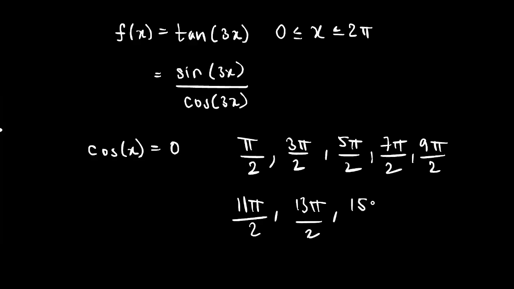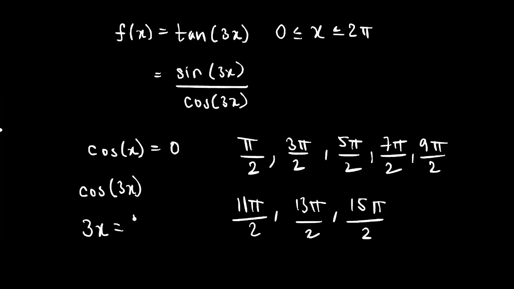But the problem is this is not our x. Since we're trying to find when cosine of 3x is equal to 0, we're going to have to multiply each of these values by 1/3, or divide each of these by 3, in order to figure out the discontinuities, because we're trying to find what 3x is.